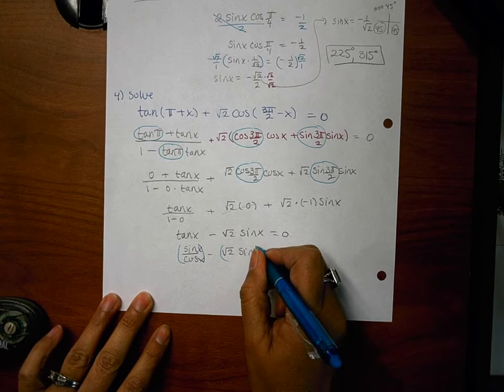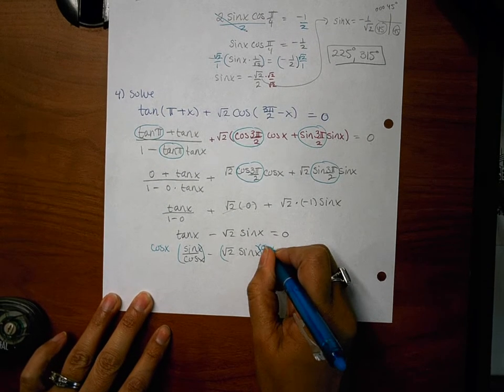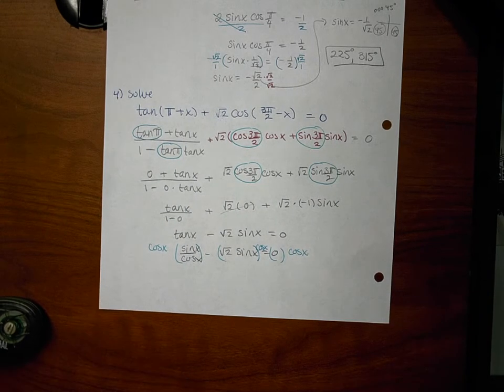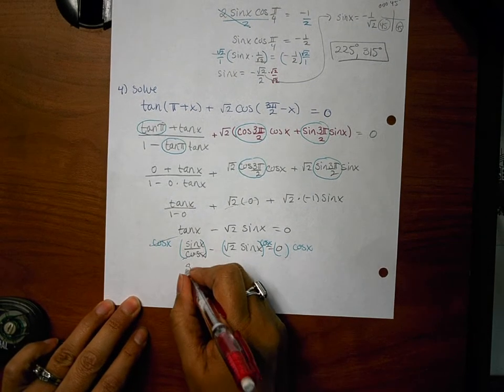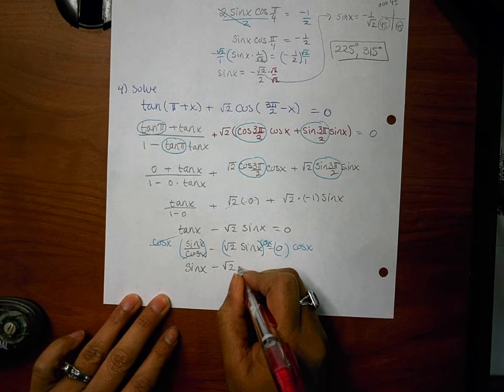And then we clear by multiplying everything by cosine x. And we can clear on this one. It's not a complex fraction, but because it is an equation, we are allowed to clear. Okay, so gone.